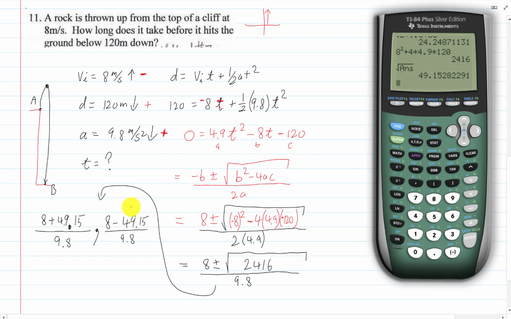This is going to be a negative time, and it can't land before I throw it, so this term is going to disappear. So I add 8 to this number on the screen, and then divide by 9.8, and I get a time of 5.832, I'll keep it 4 sig figs, seconds.